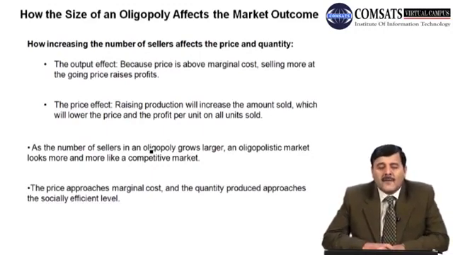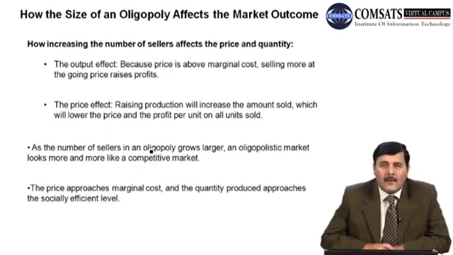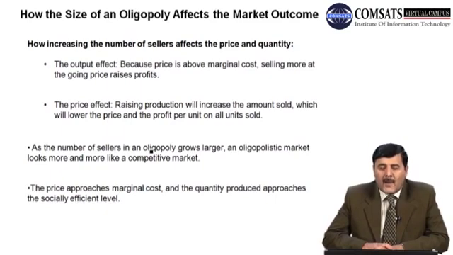But suppose the size of the market has increased by increasing the number of sellers. So how can this increase in the number of sellers affect the price and quantity of the oligopolistic market?